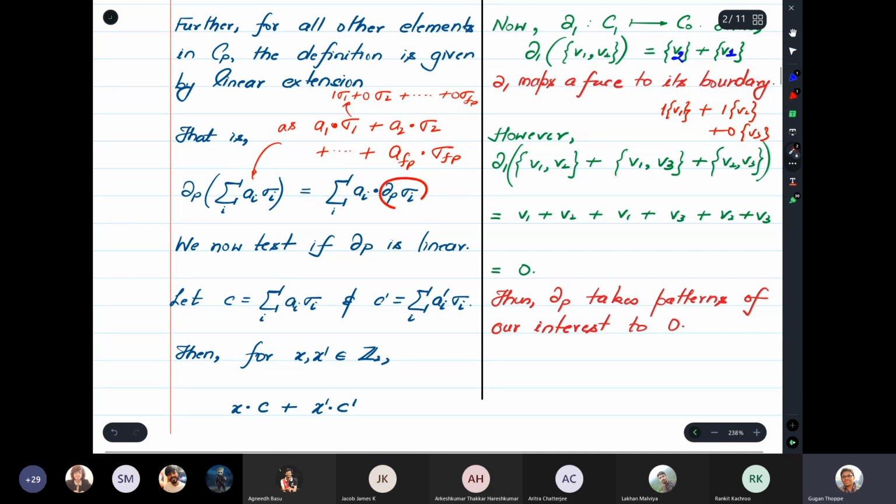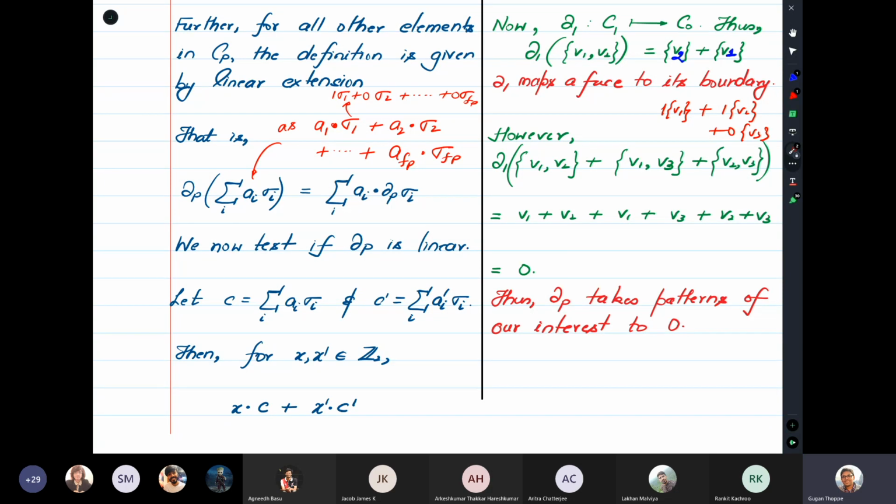So what is the output of σ_i? Well, it is ∂_p σ_i. You take that and perform a scalar multiplication between a_i and this, and then you sum it up. This is how you would ensure that this map is a linear map. This is something basic that one would require.